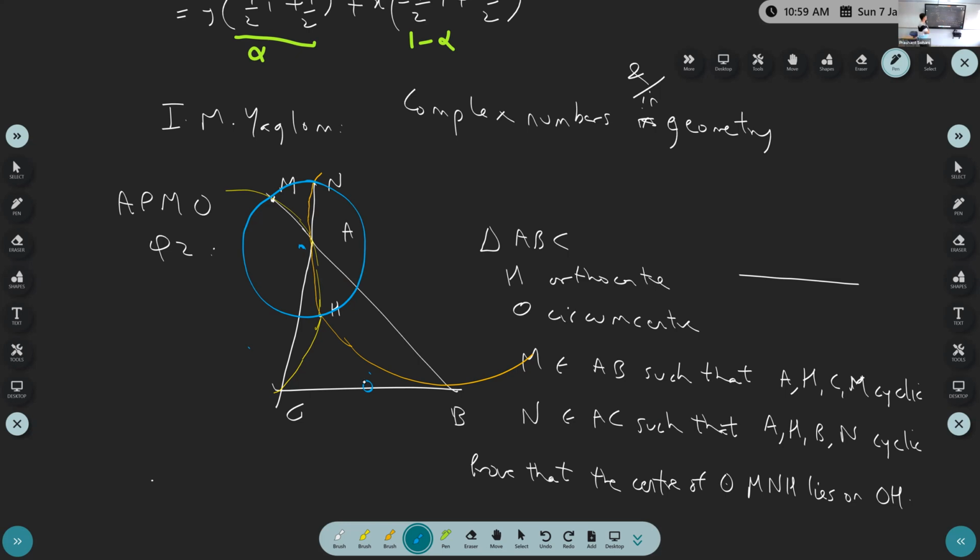But you see how many problems are around orthogonal configuration. Like even in INMO training camp, we were seeing that there are so many questions that revolve around orthogonal configuration. Seems like there is almost endless supply of possibilities in that orthocenter.